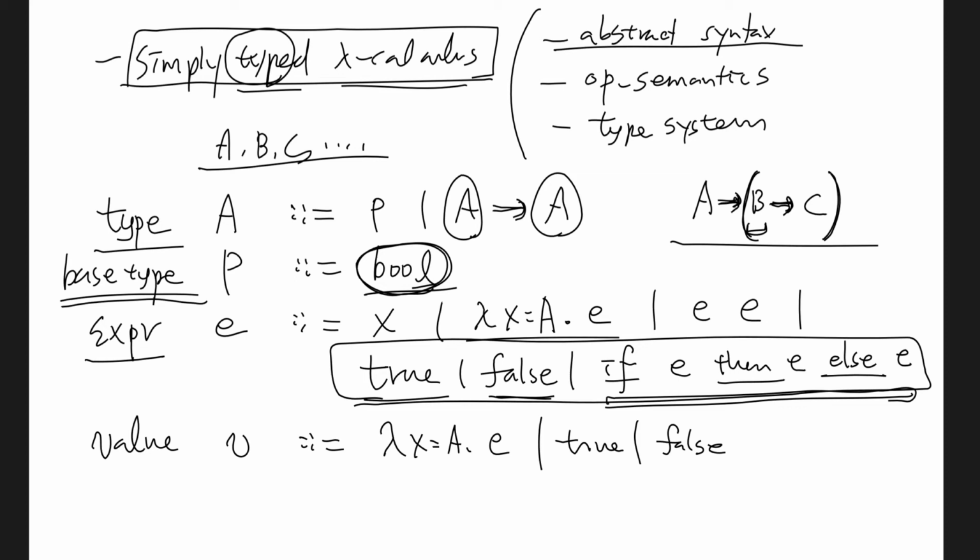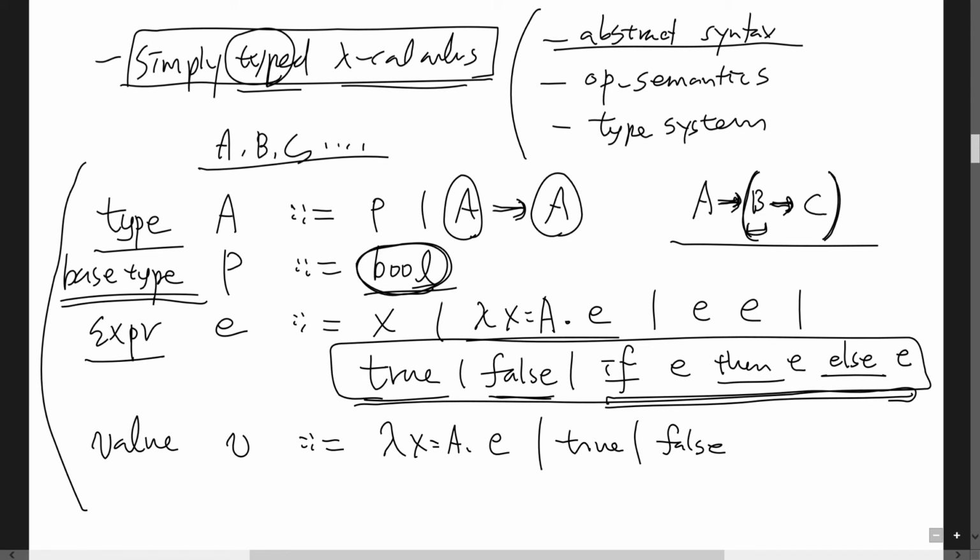For our case, we decided to introduce a single base type bool, and for this base type bool, we introduce these three language constructs, and two of them are values.